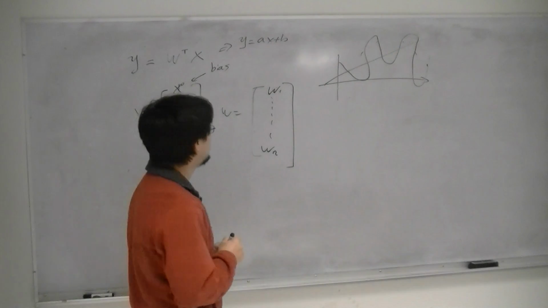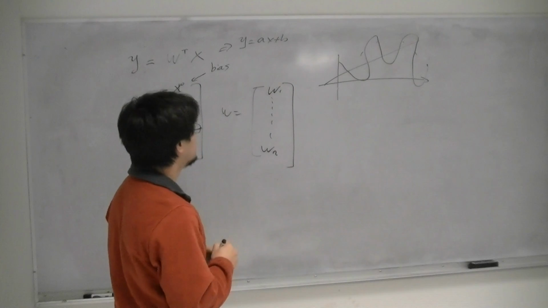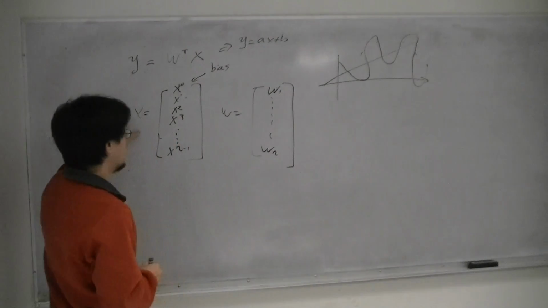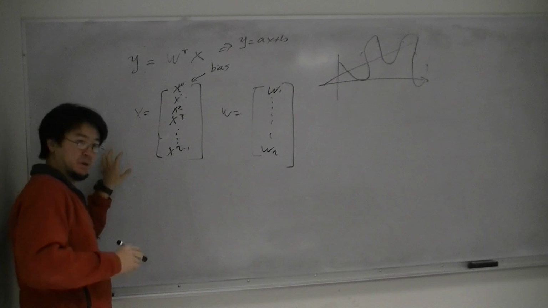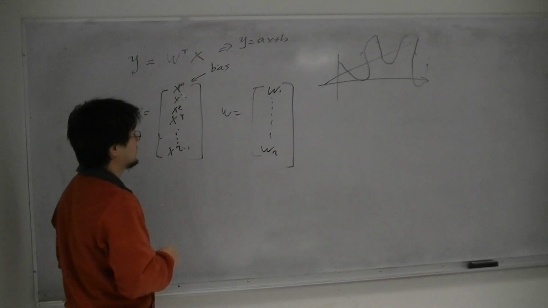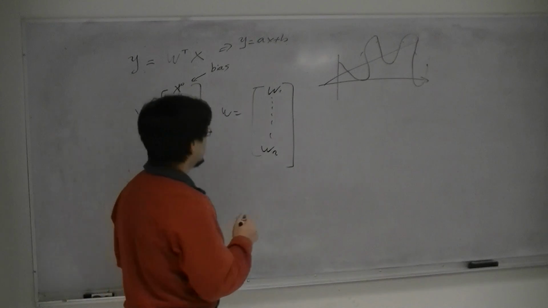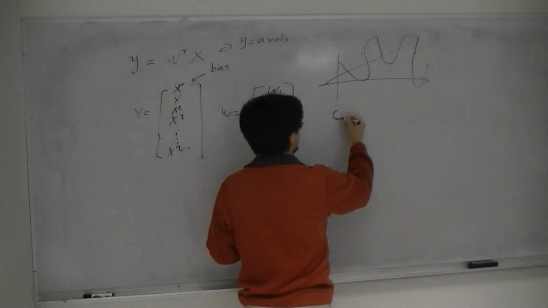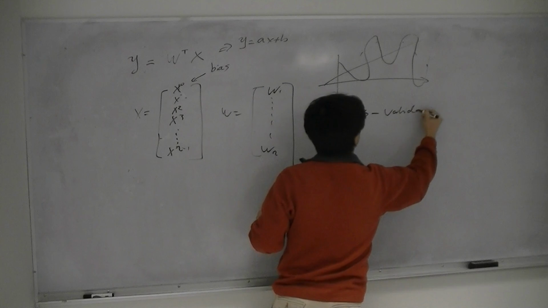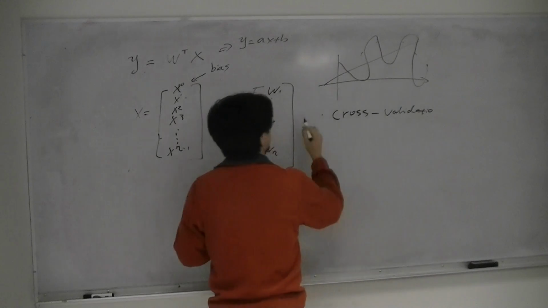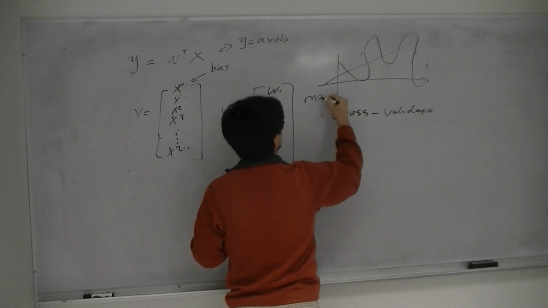Okay, so one way to do this is less mathematical, but used very often in practice. One way to do it is called cross validation. The problem here is model selection.